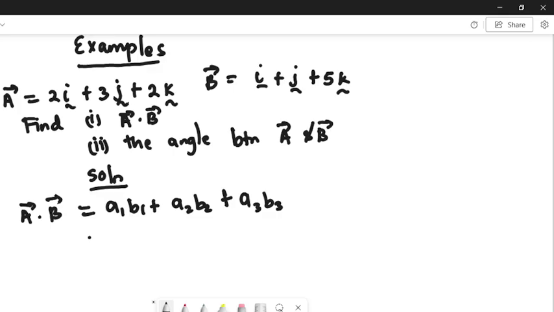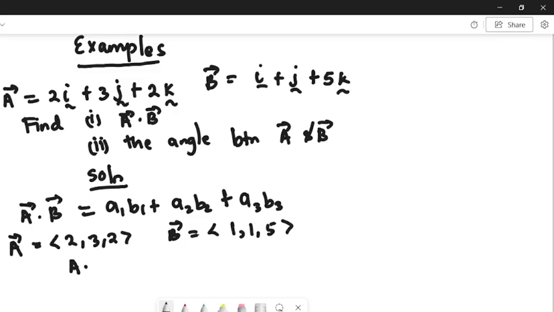So our vector A can be written as 2 3 2. Vector B is 1 1 5.